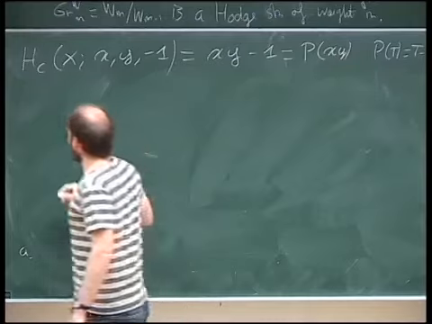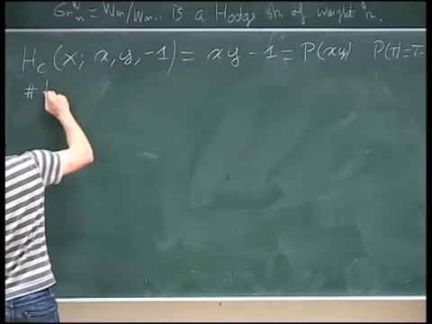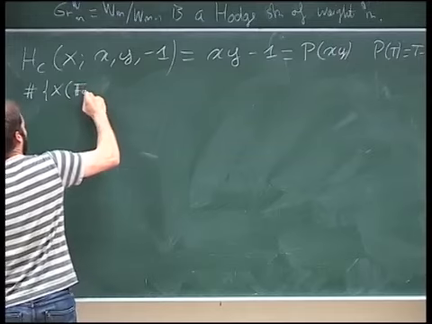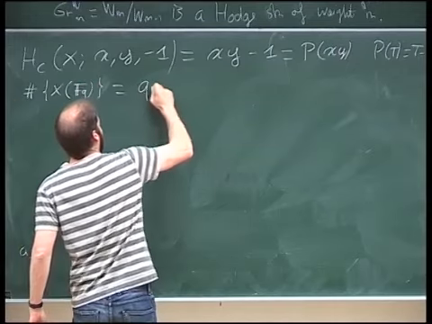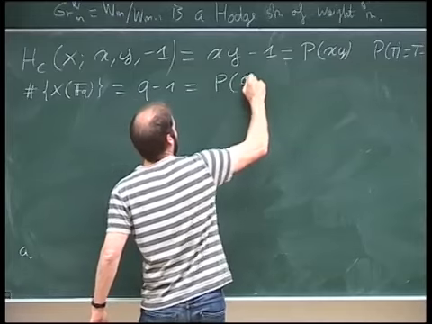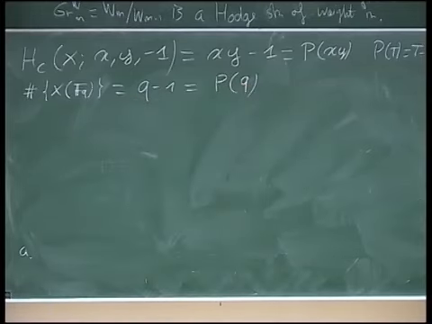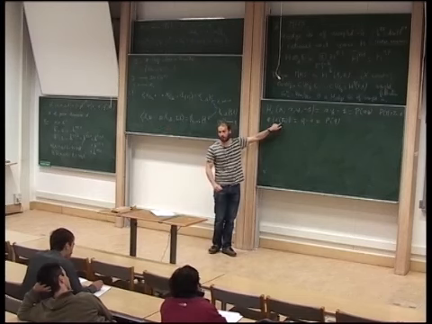Then if you look at the number of points of X over a finite field Fq, then this is q minus 1, and this is p(q). So in this case, we see that this specialization of the mixed Hodge polynomial actually computes this number.